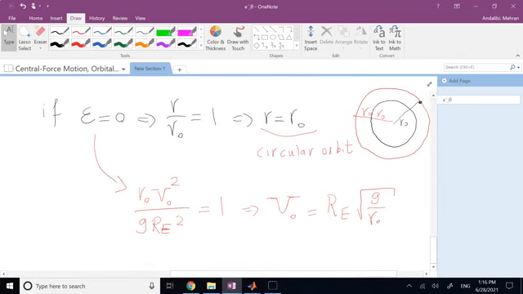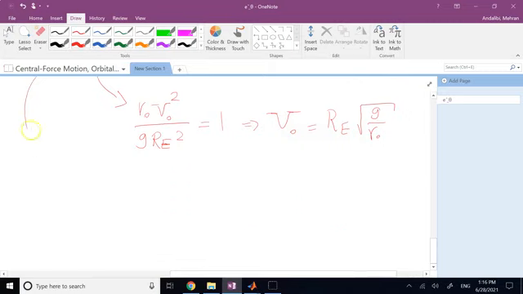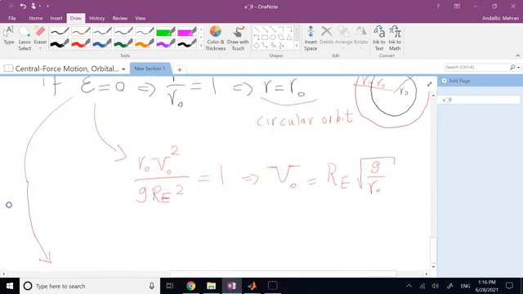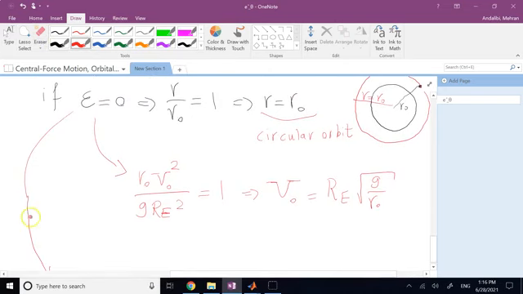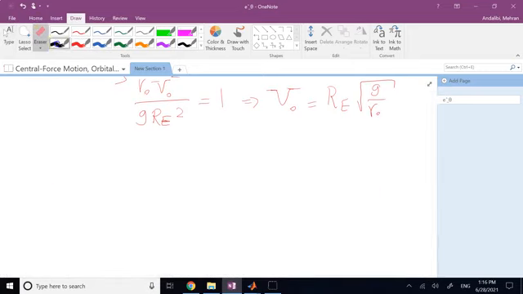Okay, so epsilon of 0 means circular path. Now what if epsilon is not 0? For example, what if epsilon is bigger than 0 but less than 1?